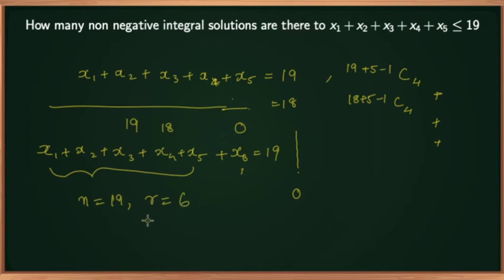So the solution will be n plus r minus 1 c r minus 1, that is equal to 24 c 5. N plus r is 19 plus 6 is 25, 25 minus 1 is 24, and 24 c 5 will be the answer to this question.